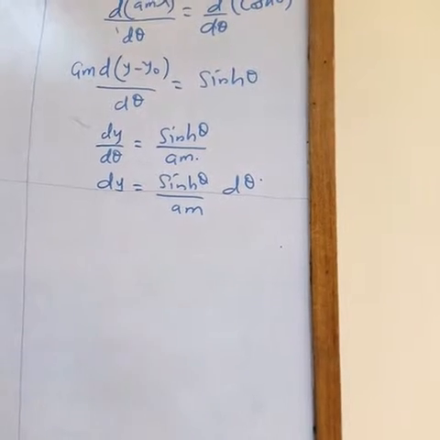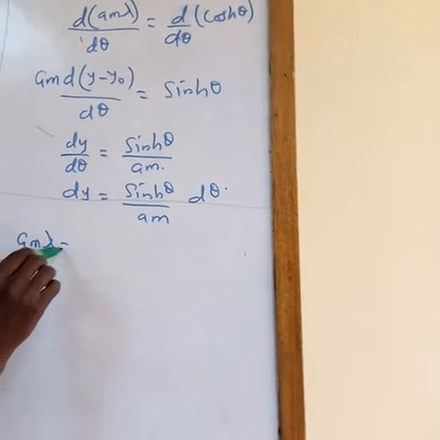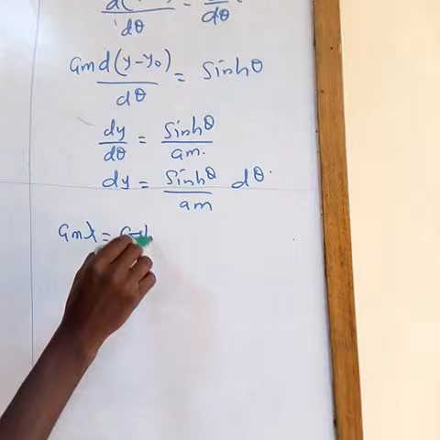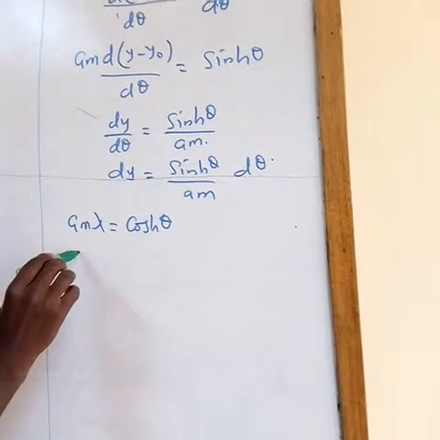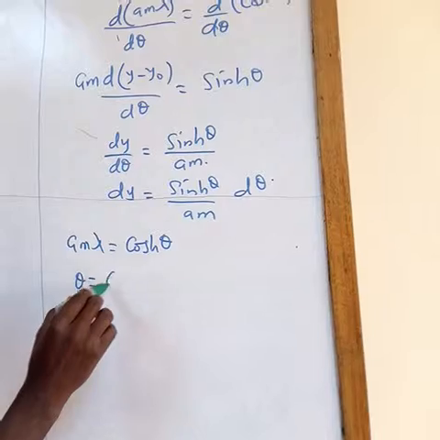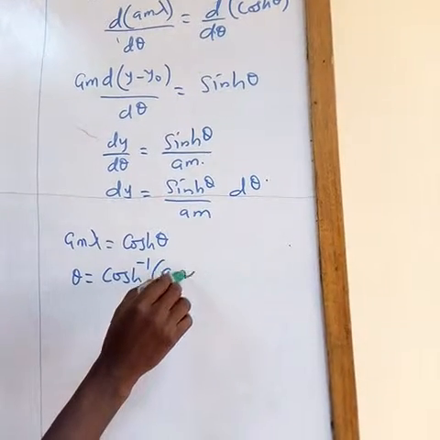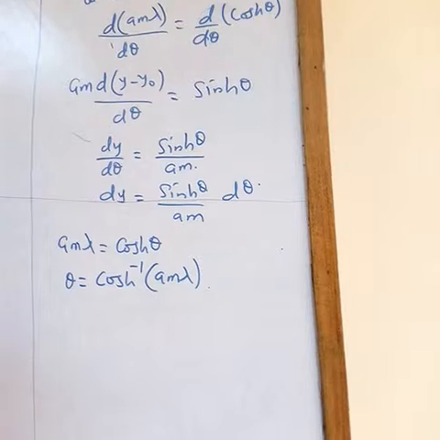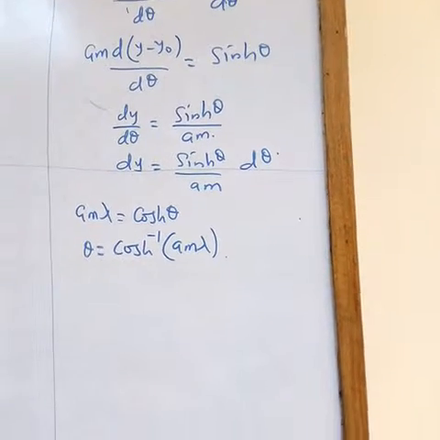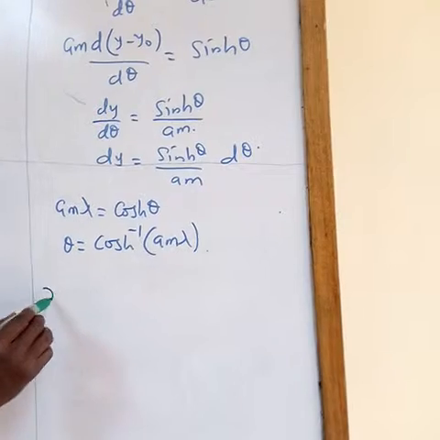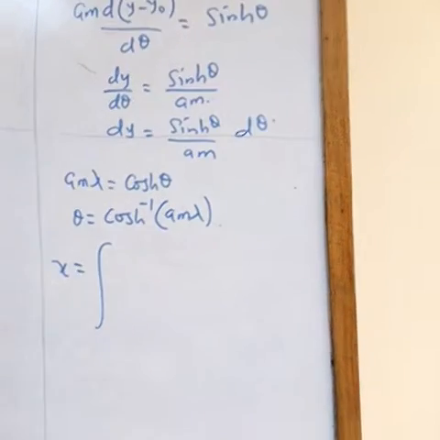From our representation above, since we know that am lambda is equal to cos theta, automatically our theta will be equal to arc cosine of am lambda. So by the time we substitute into equation 2, our x will be equal to the integration. What is now our dy?